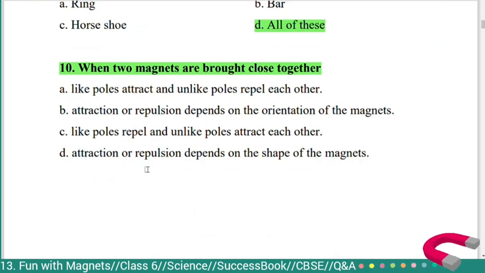D. Attraction or repulsion depends on the shape of the magnets. Here the correct answer is option C. Like poles repel and unlike poles attract each other. When two magnets are brought close together, like poles repel, whereas unlike poles attract each other.